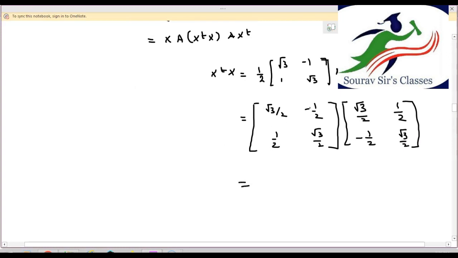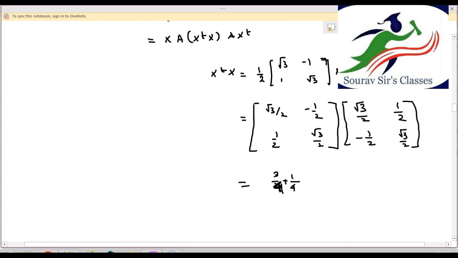First of all, we multiply this row with this column, and we will write the first term of this matrix. If we multiply √3/2 with √3/2, we will find 3/4, and if we multiply -1/2 with -1/2, it will be 1/4. So 3/4 and 1/4. Now this is our first element of this matrix.